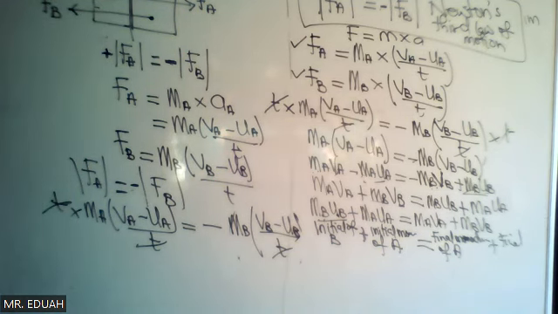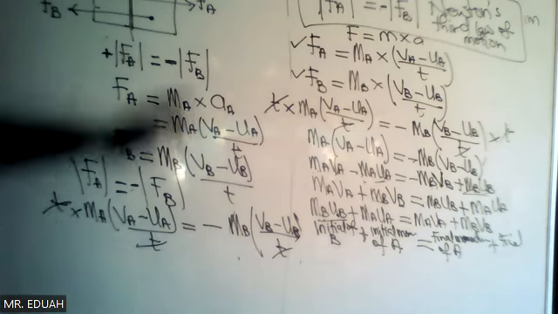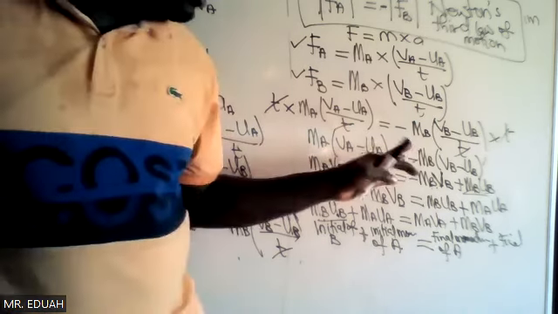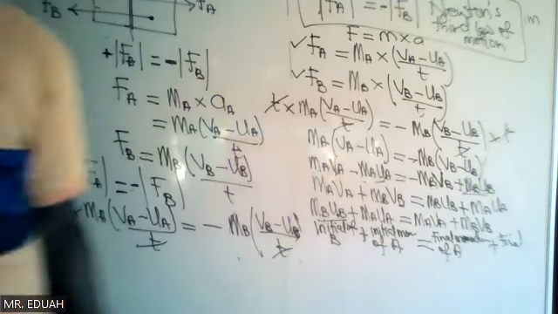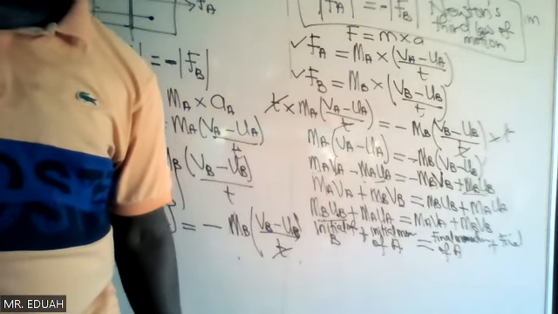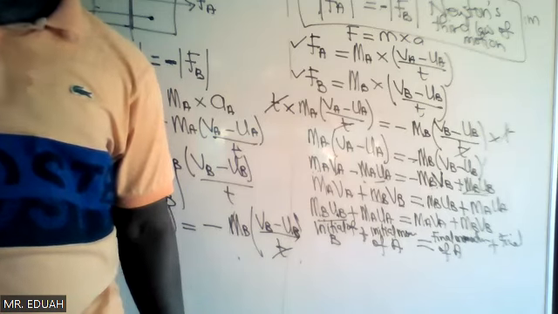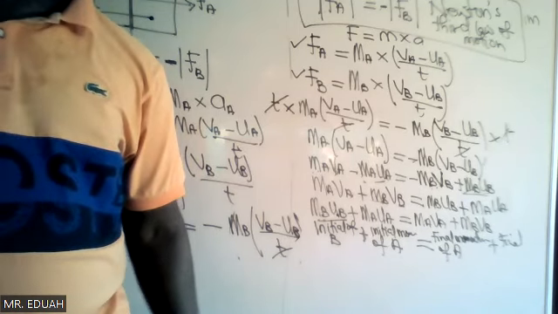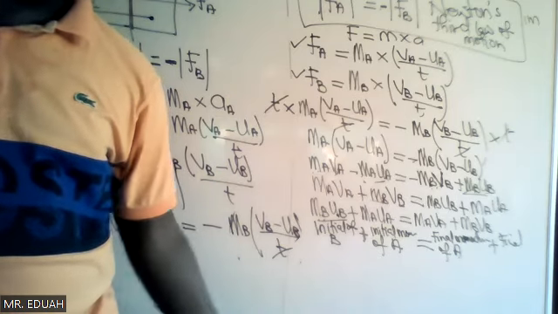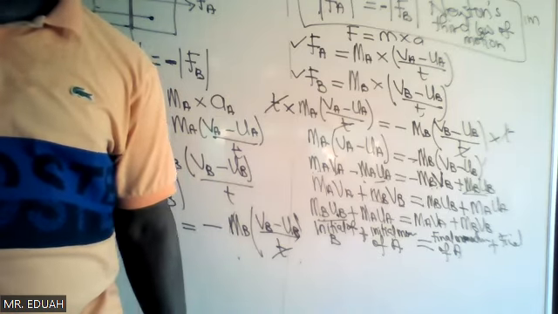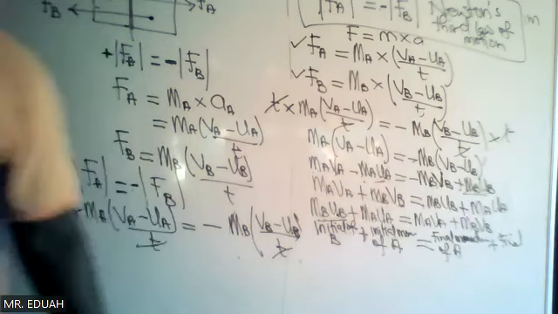So we have just used Newton's third law of motion to prove the law of conservation of linear momentum, that in the absence of external force acting on a system of colliding bodies, the sum of momentum before collision is equal to the sum of momentum after collision.